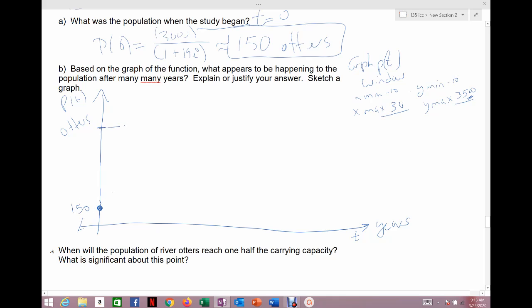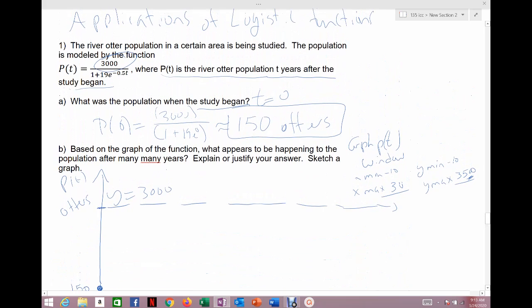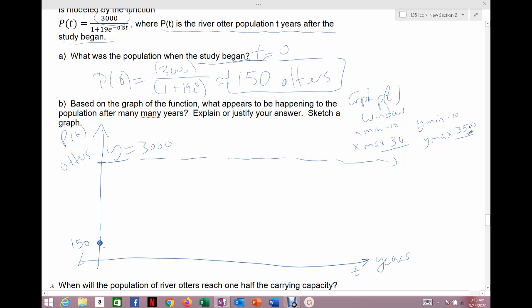Then I'm going to draw a dotted line for my asymptote, y equals 3,000. It has to do with that carrying capacity number, the top number, and that's what it's approaching. So it's starting here and then approaching. It doesn't cross it, it just approaches it.